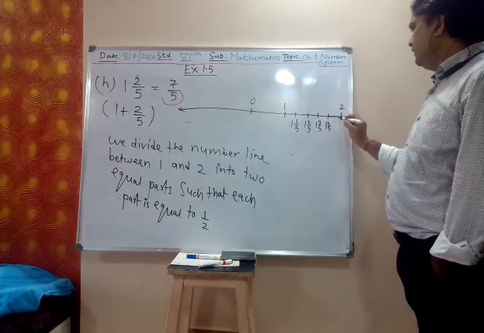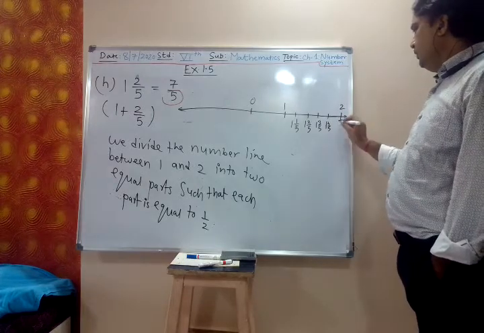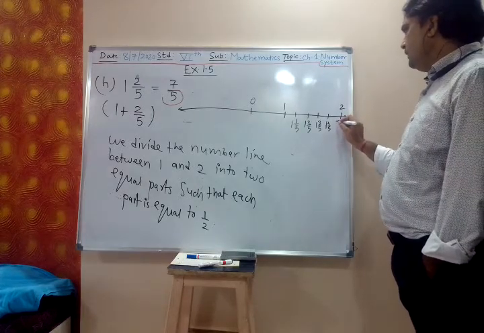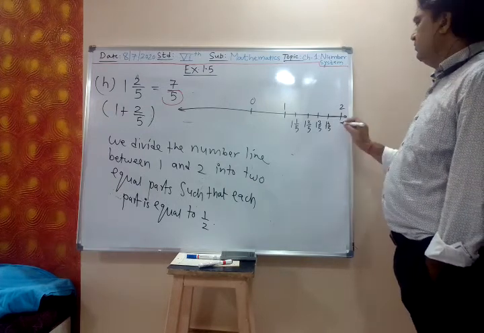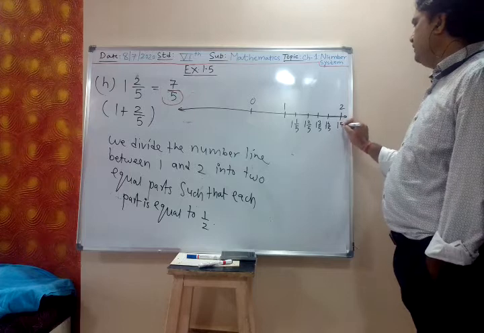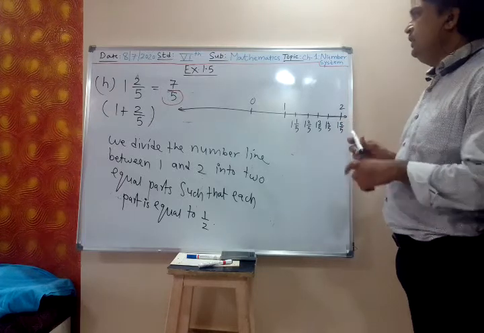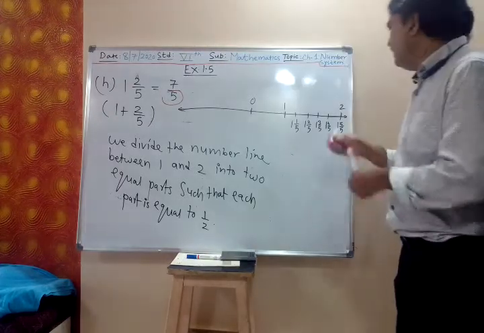Next, write 1 and 5 by 5. 5 by 5 means 1. So where is 1 and 2 by 5? 1 and 2 by 5 is this number.